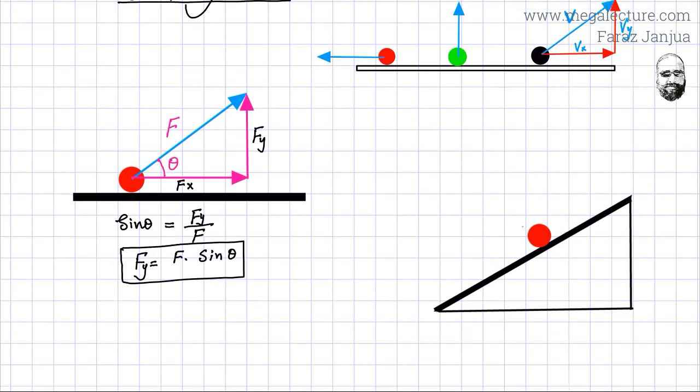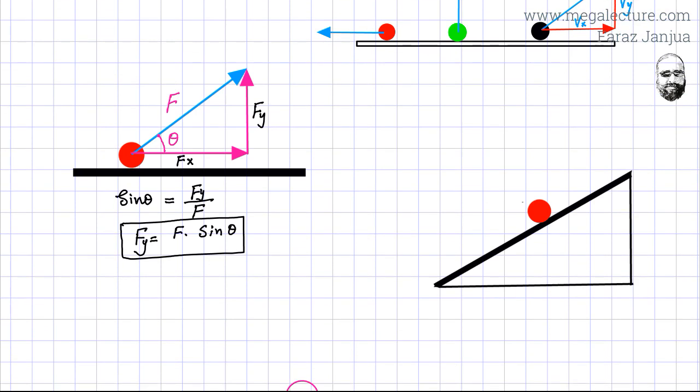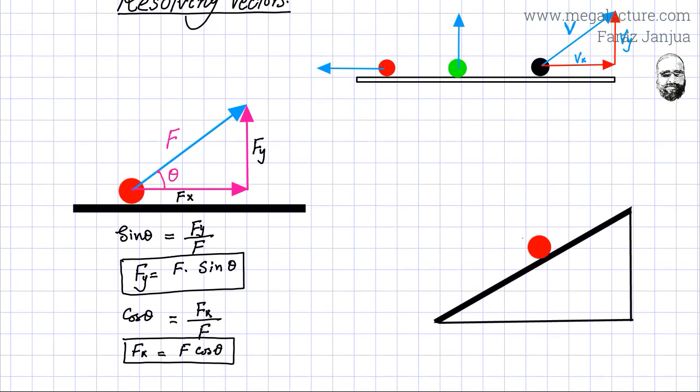Now, same story for Fx and F. It is cos theta now. Cos theta equals Fx divided by F. So if we make Fx the subject, it becomes Fx equals F cos theta. So these are the components along and perpendicular to the surface.